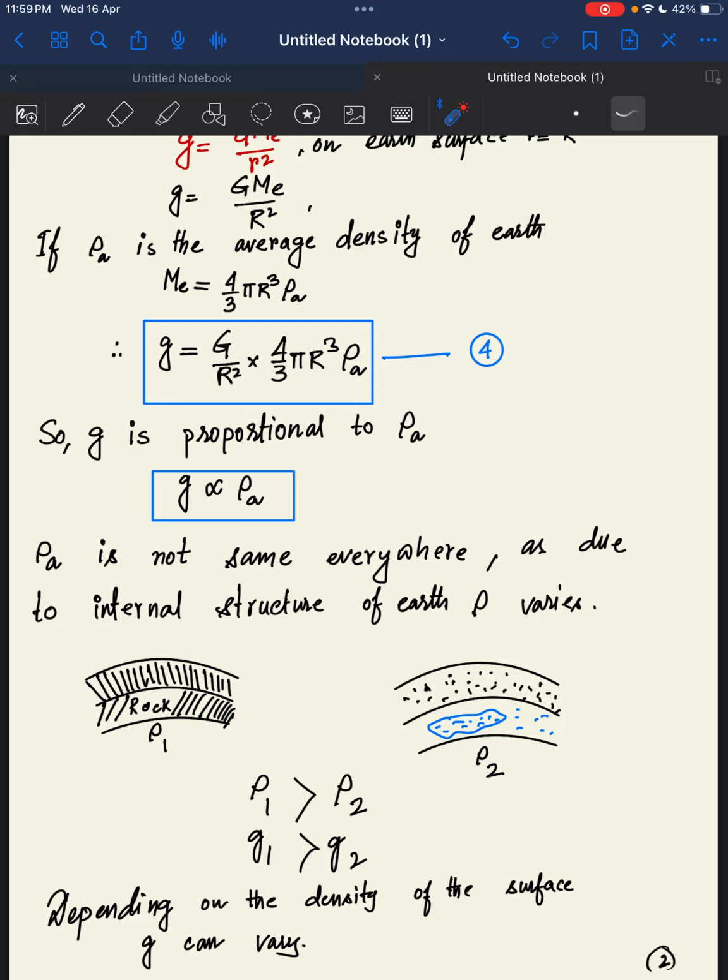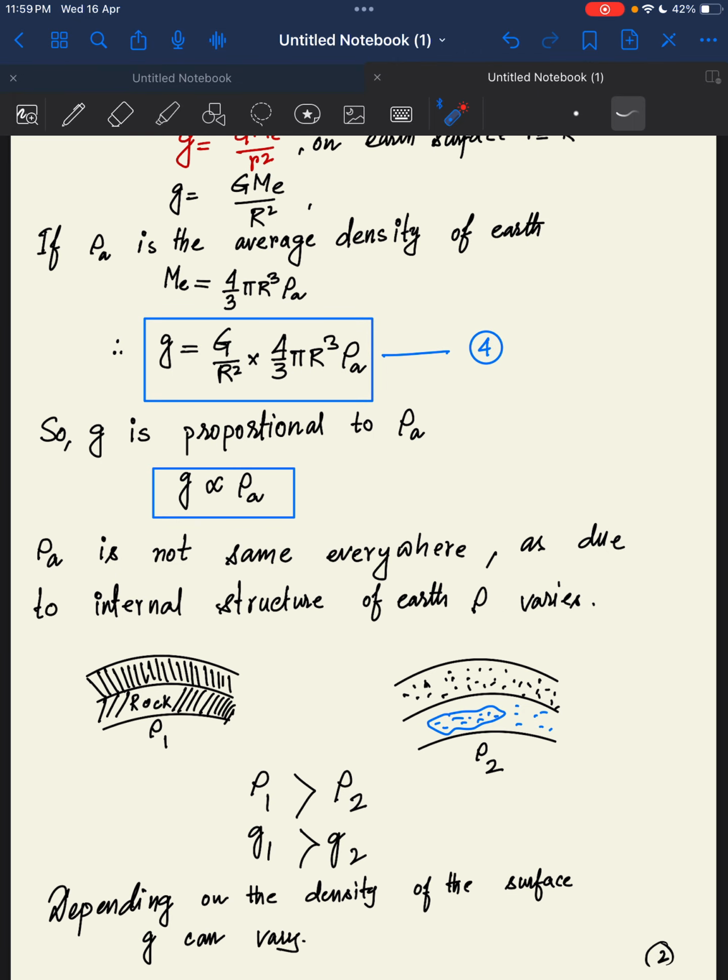So actually in a field survey, where you want to dig on the earth surface, you must know what materials are below the earth surface. Is it a rocky type surface, or are there any water bodies? So there we initially find the value of G at that particular place.